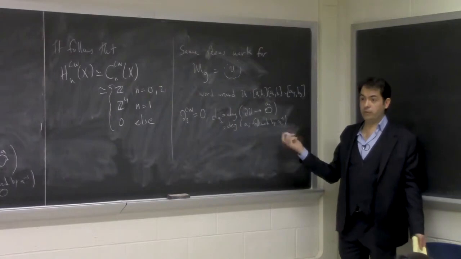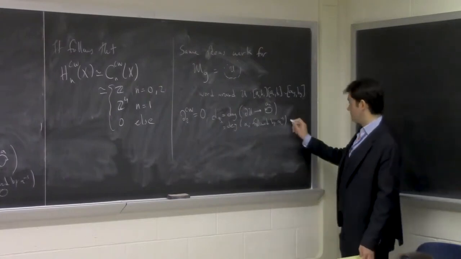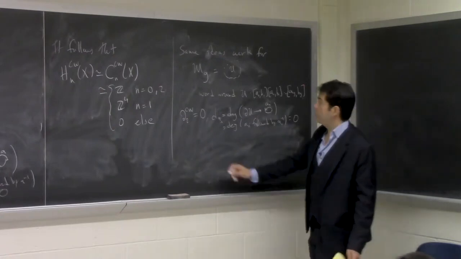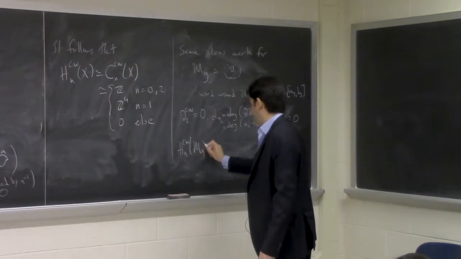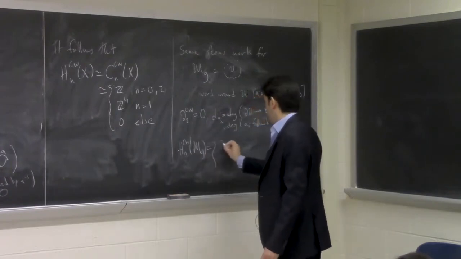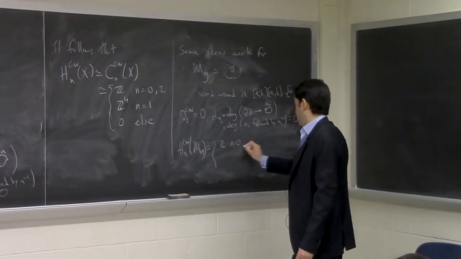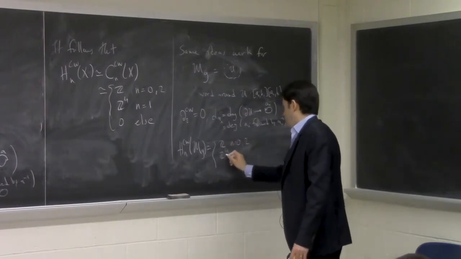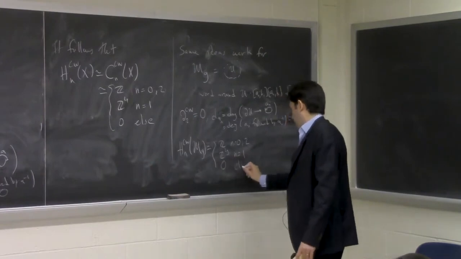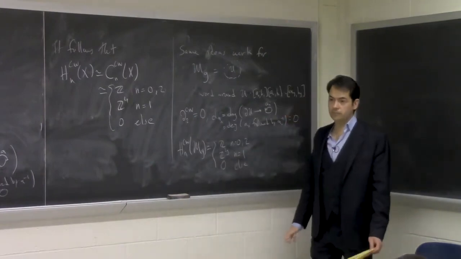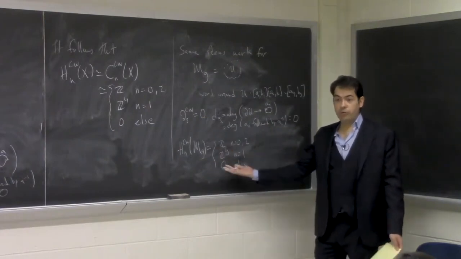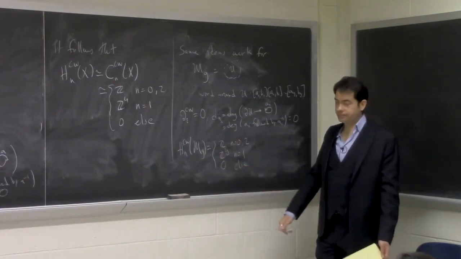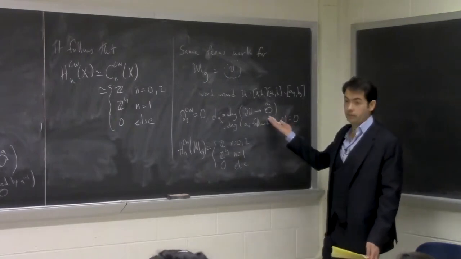And it occurs twice with opposite signs. Right? So we conclude that the homology of M_g is Z in degrees 0 or 2, Z to the 2g if n is equal to 1, and 0 else. So much simpler than anything we had before to compute this homology. And also very geometric.